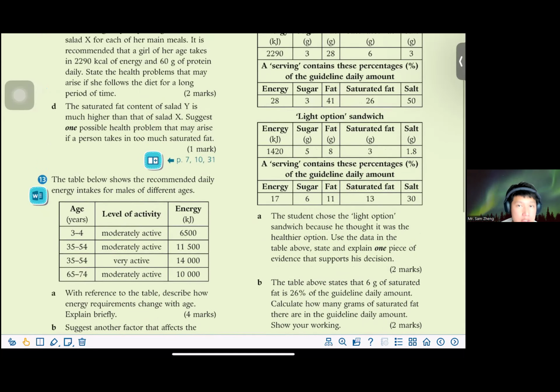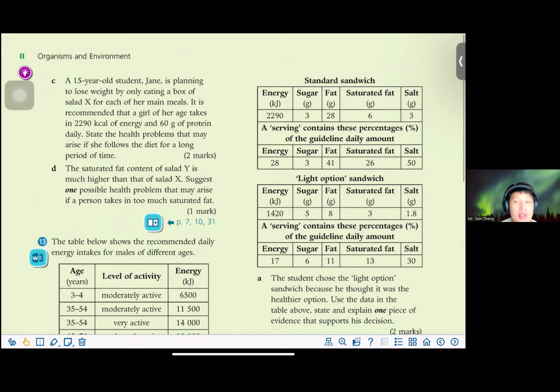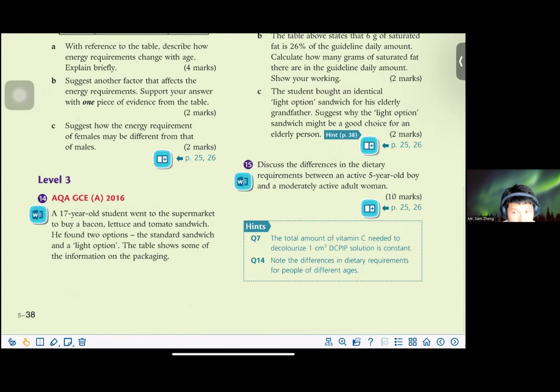If you have not yet completed it, please spend some time to work on it. If you have already completed it, let us quickly go through this question.